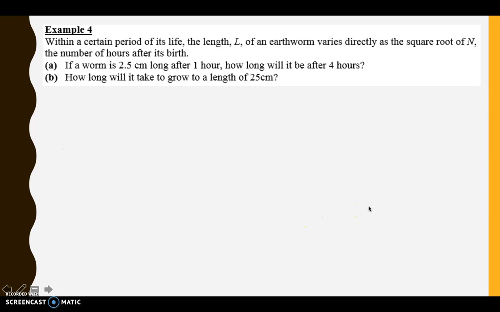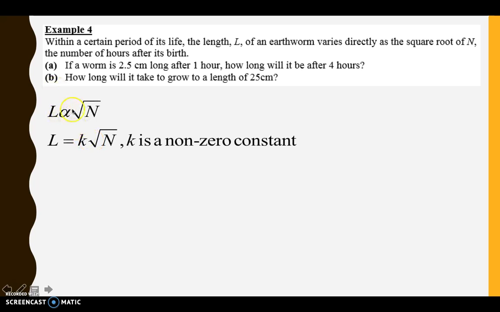Okay, and in the last example, within a certain period of its life, the length L of an earthworm varies directly as the square root of n, the number of hours after its birth. Alright, so let's take a look at how the equation will look. L varies directly with the square root of n.